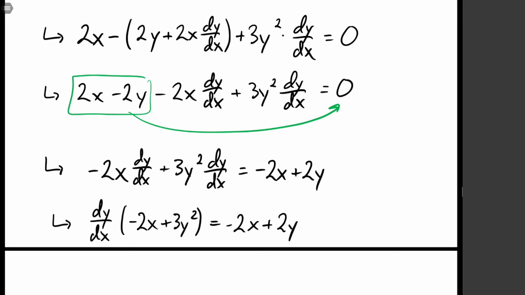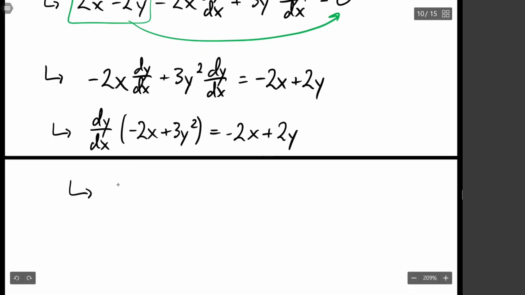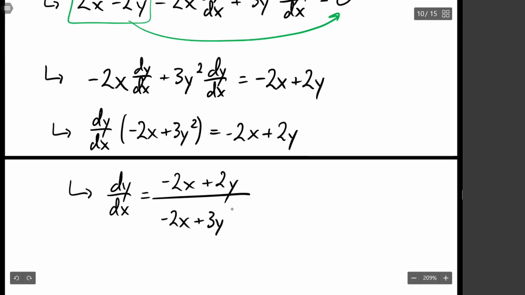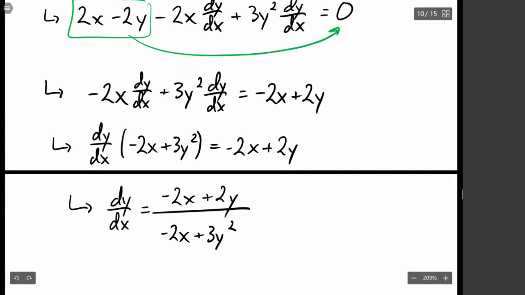And what's left to do? Well, we just divide by the stuff that's still there. So dy/dx is (minus 2x plus 2y) over (minus 2x plus 3y squared). And there we have it. That is the derivative of this, defined implicitly.